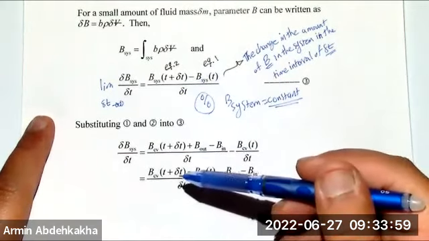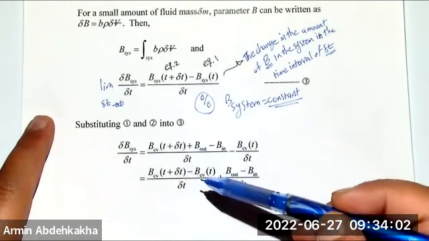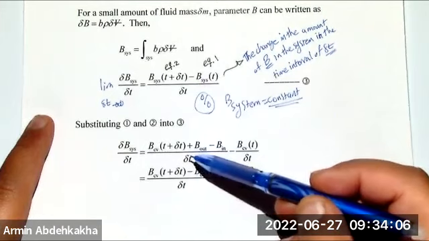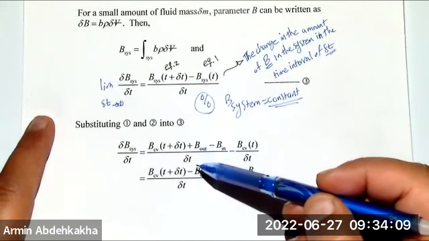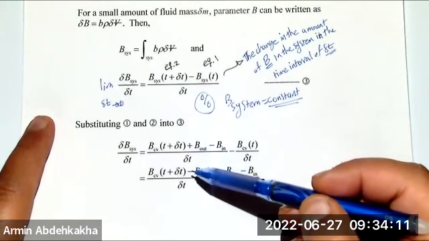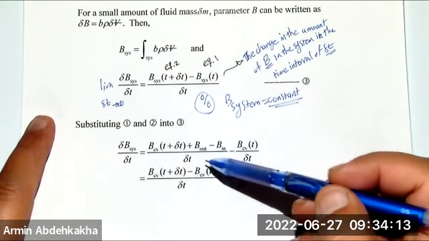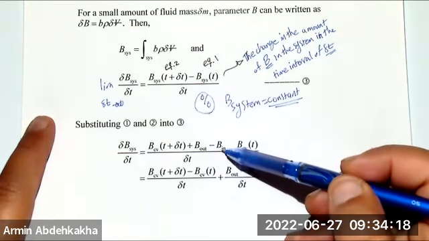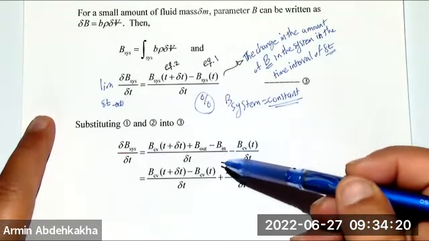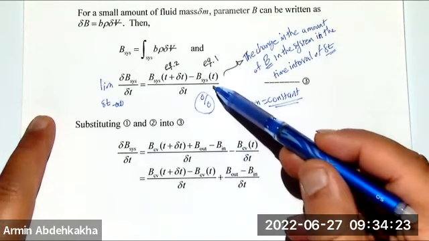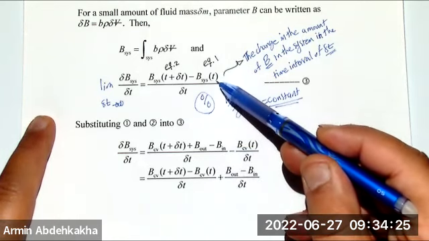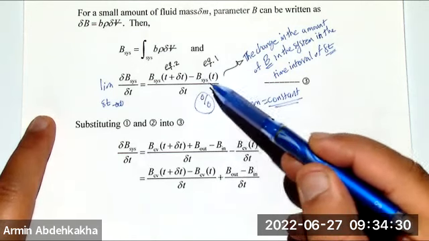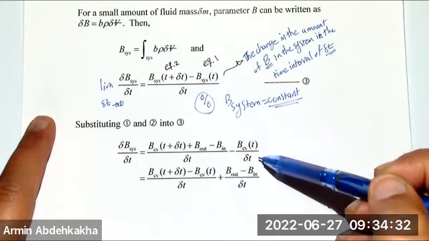If you replace with equation 2 first, then you can say that B of control volume at t plus delta t is equation 2 plus B out, which was B2 of that system that we showed in the previous part, and B in is B1, right? And also we can write that B of system at time t is also B control volume at time t. These two are matched, and just bring delta t behind in the denominator as well.